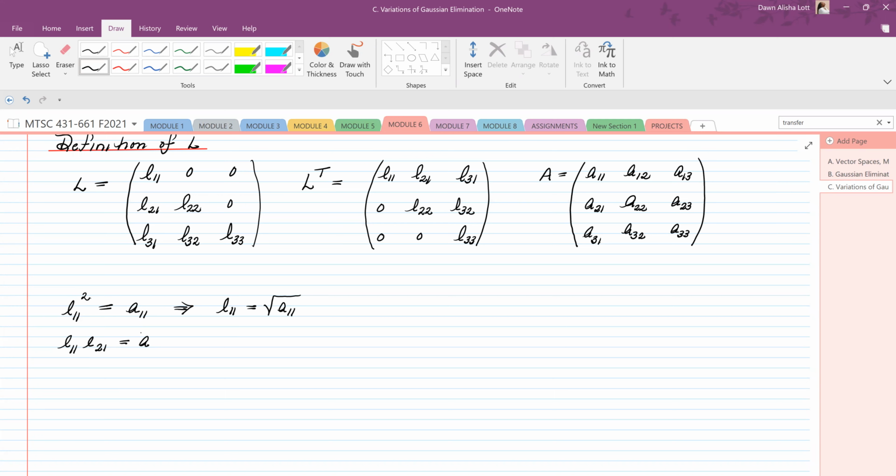It should be L21 times L11. I'm doing this row times this column. That gives you the A21 entry.